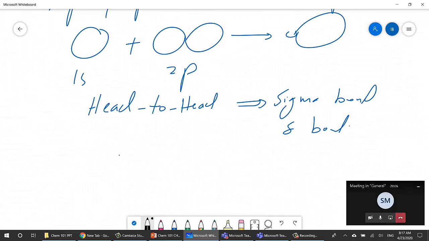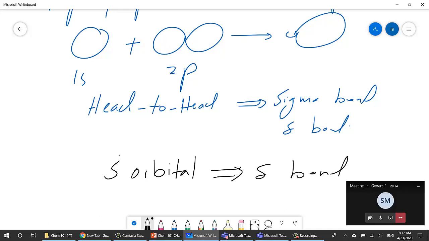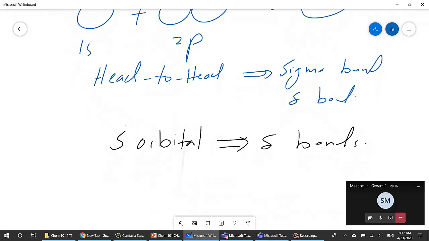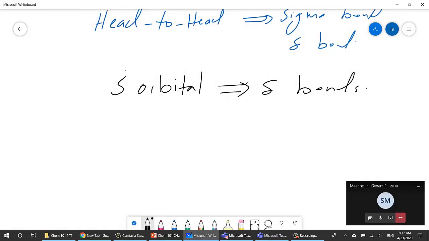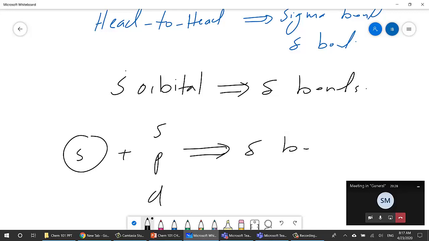The s orbitals always make sigma bonds, either with s or p or d or whatever. When you're mixing an s orbital with s, p, d or anything, that's always going to give you a sigma bond, just for peace of mind.